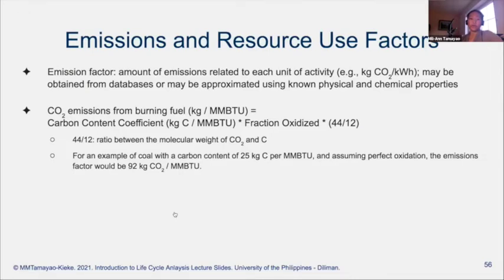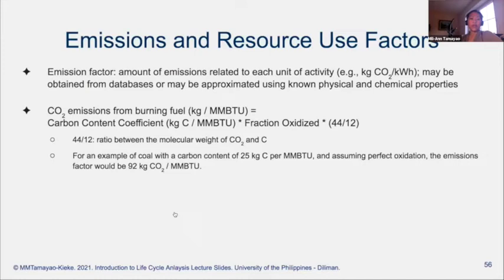So for example, CO2 emissions from burning fuel, in kilograms per million BTU, is equal to the carbon content coefficient, kilogram C over MMBTU, times the fraction oxidized, times 44/12, and 44/12 is the ratio between the molecular weight of CO2 and C.